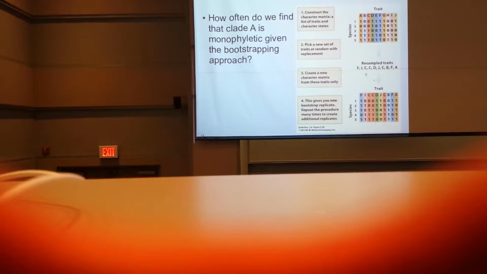So again, you take the full data set, you sample some of the traits with replacement, and then this gives you a whole other way of looking at to test your hypothesis.